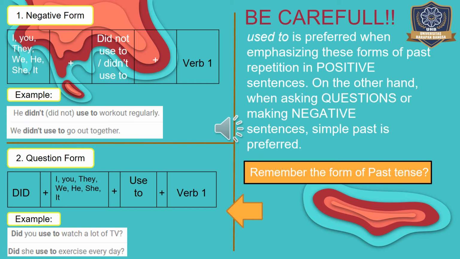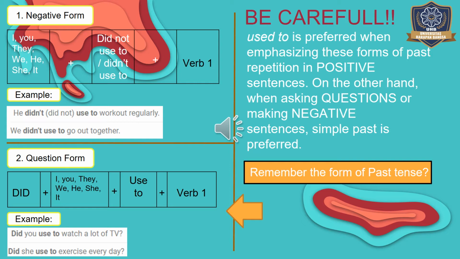The first one is the negative form: the subject I, you, they, he, she, it, followed by did not use to, or didn't use to.